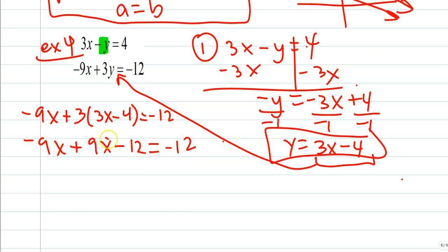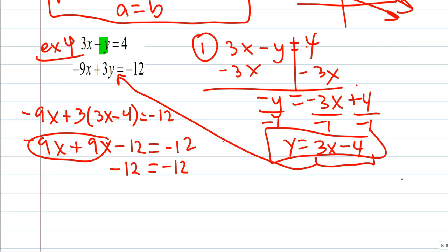Negative 9x plus 9x, those zero out, leaving me with negative 12 equals negative 12. How do I solve for x and y? They all just disappeared. Well, guys, what we do is this. There is no way of solving this. You have to know what this means. A lot of you are yelling at your screen, no solution, no solution, no solution.